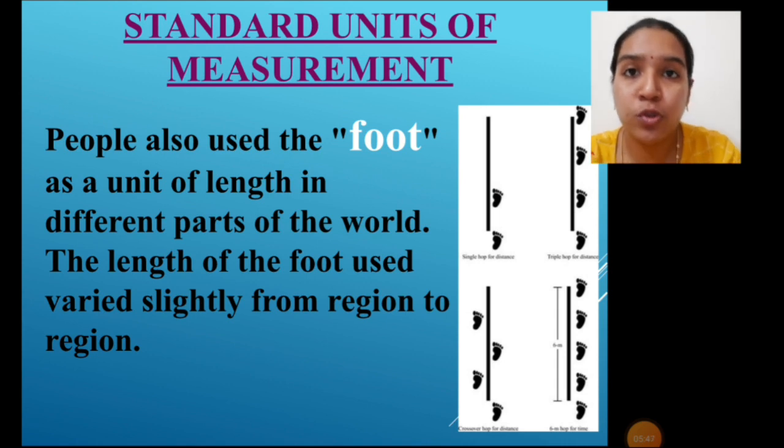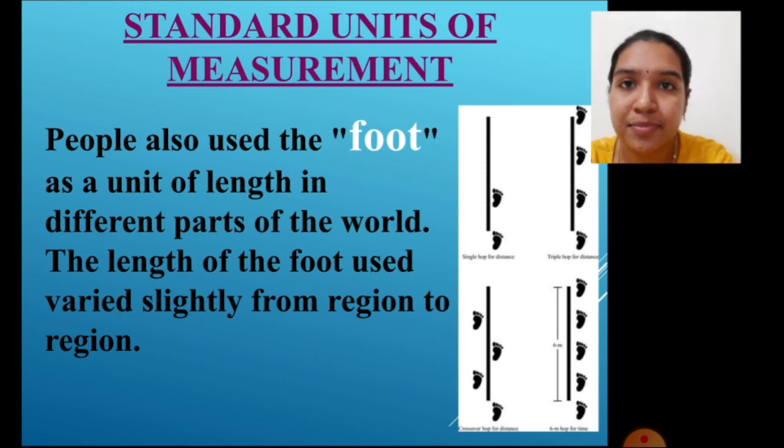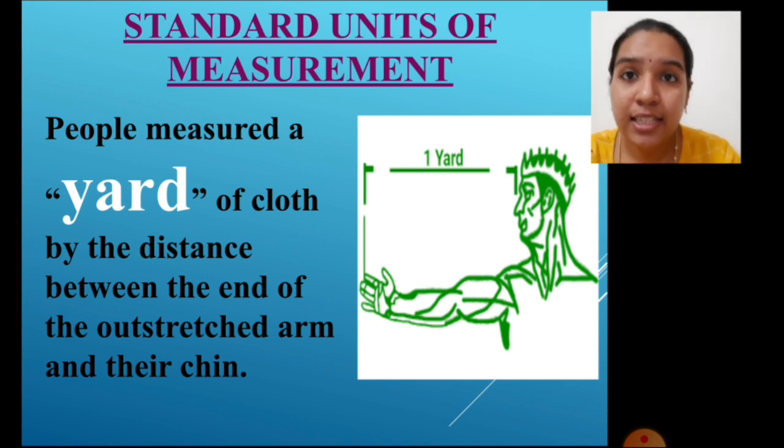Few people used the foot or feet, whose standard measurement varied from place to place. Yard was another unit of measurement. It was used by cloth merchants. A yard is the distance between the end of an outstretched arm and the chin.